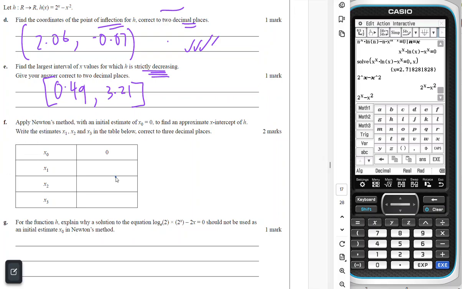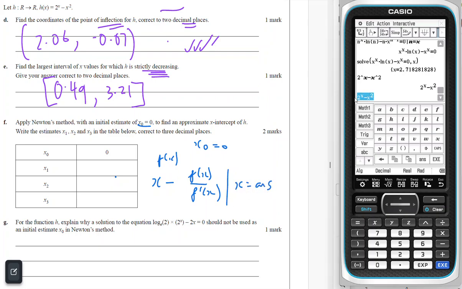Okay, so the last part of question number 3, we're going to apply Newton's method, remembering that if x0 is defined and I define f of x, then the new value of x will be the last value of x minus f of x over f dash of x. So I'm going to set up this situation.